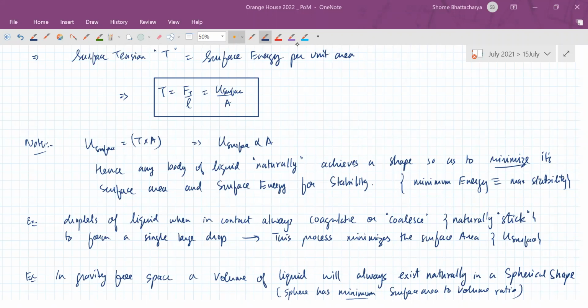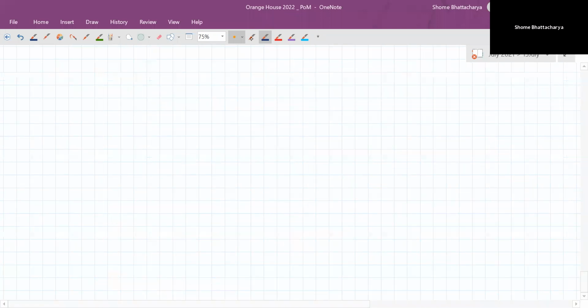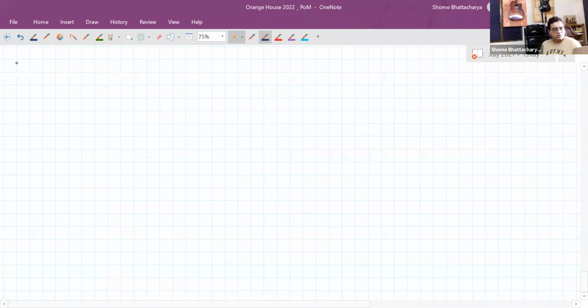Okay, so let's look at a numerical problem based on this concept now. This is a very common type of numerical problem at NEET level. So we have this situation.